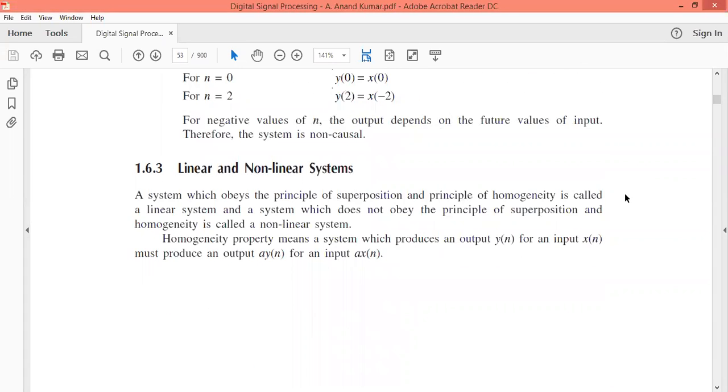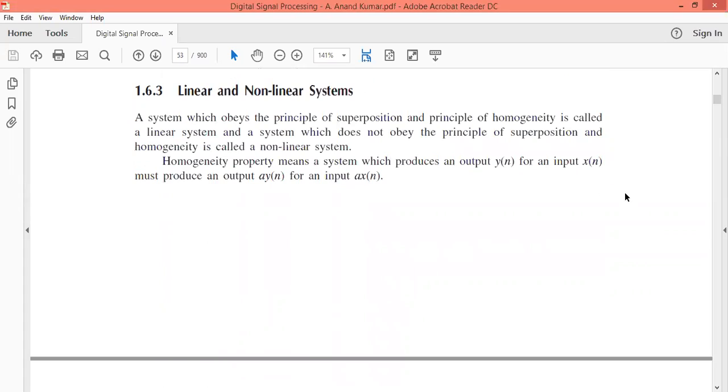Now we see linear and non-linear systems. What is a linear system? A system that obeys the principle of superposition and homogeneity both is called a linear system. So what is the principle of superposition? If you apply x1 as input and get y1 as output, and apply x2 as input and get y2 as output, now if you apply x1 plus x2 as input, then the output should be y1 plus y2.